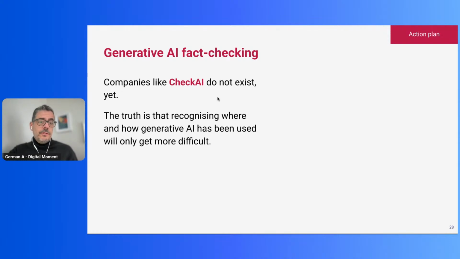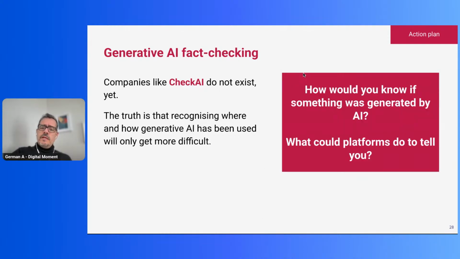And the truth, this is the important part, is that it's very unlikely that they're going to exist, because the race continues and the people and the systems generating the content are getting better and better and better. So the tool that is fighting it, they keep competing. So that means we're doomed. What can we do?